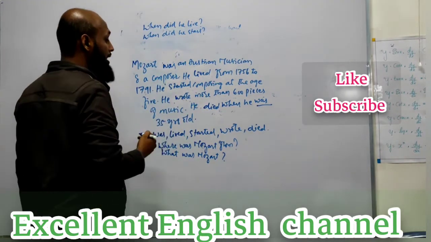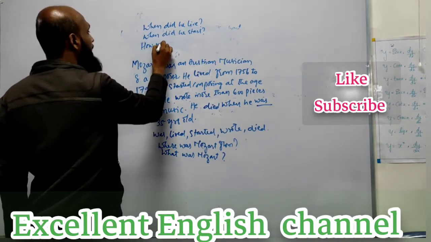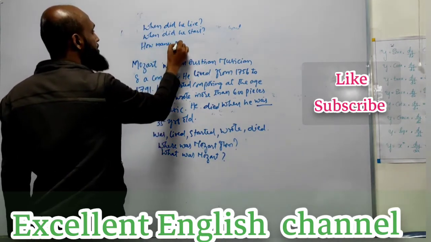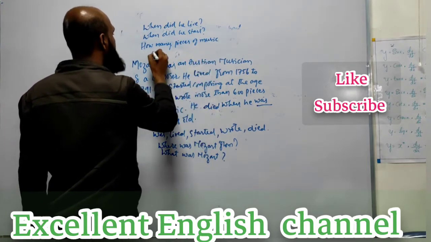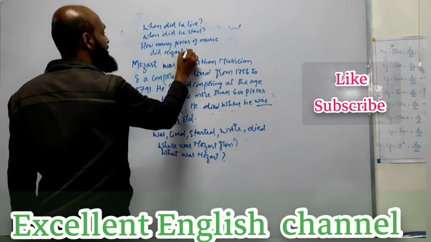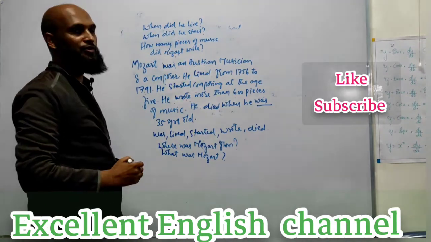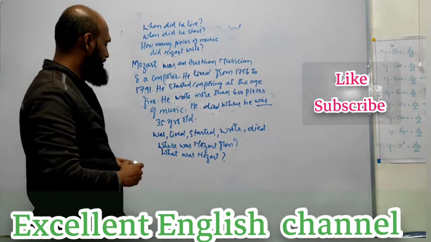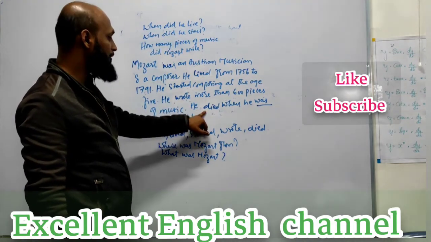Then how are you going to ask the question? You can ask, how many pieces of music did Mozart write? How many pieces of music did Mozart write? And then you can ask, he died when he was 35 years old.